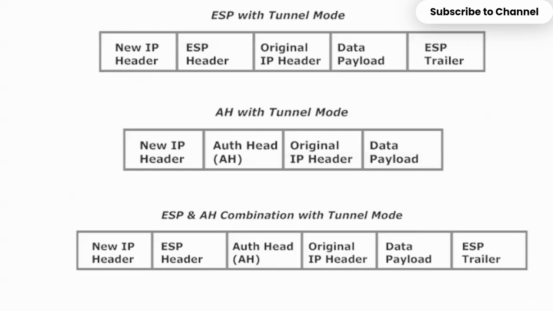Now, ESP and AH combination with tunnel mode, you can run ESP and AH. They are not mutually exclusive. And if you do that, you see where everything is. The authentication header is put right in front of the original IP header. Then the AH, the original IP header, and the data payload are encapsulated by ESP. And then you've got that new IP header put on the very front.